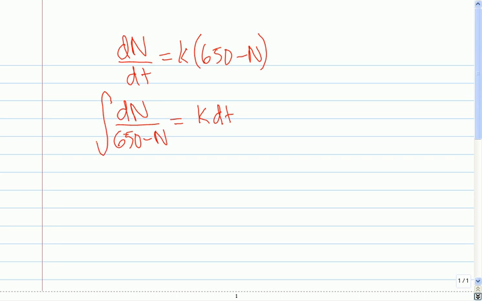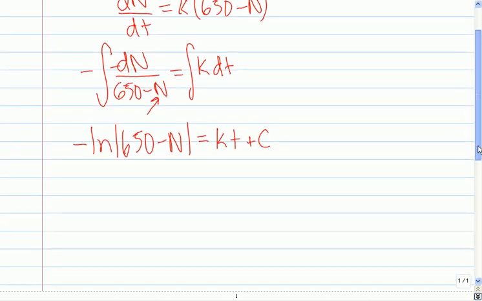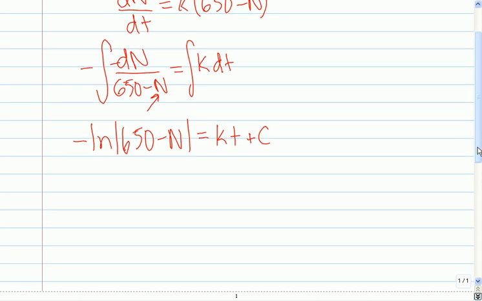If I integrate both sides, I'm going to need to introduce a negative because of this thing here having a negative in front. So that means I'm going to have the negative natural log of 650 minus n equals kt plus a constant. And now I'm going to try to unravel this so I get an equation.